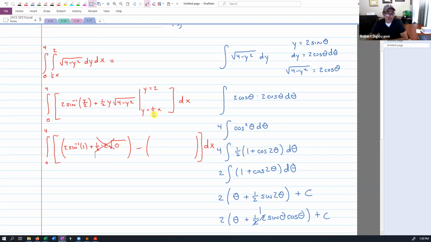And then I have to plug in 1/2 x. So we're going to have 2 arc sine of, if we plug in 1/2 x right here, we actually get x over 4.